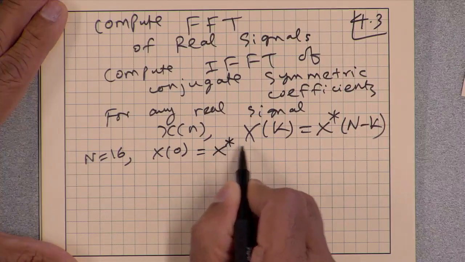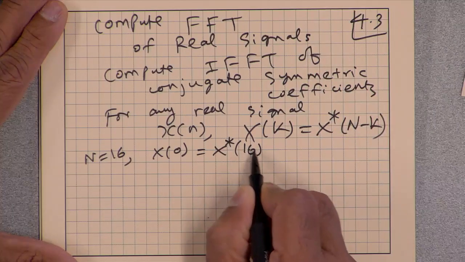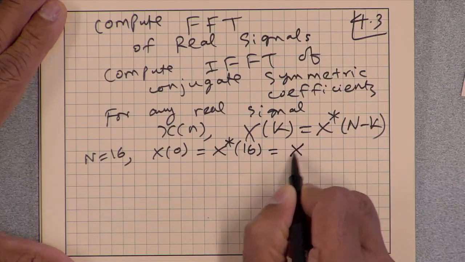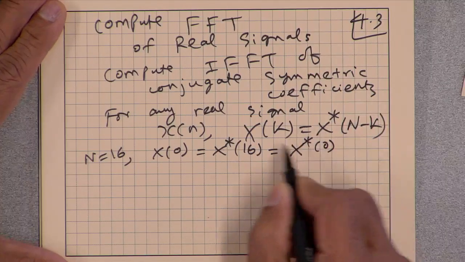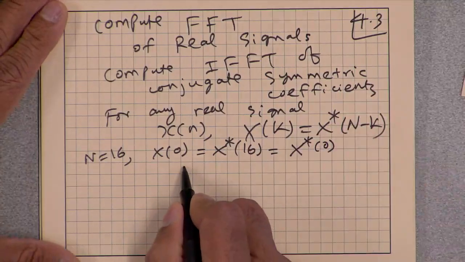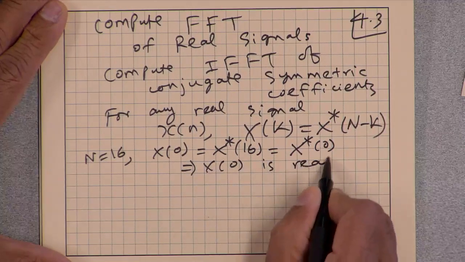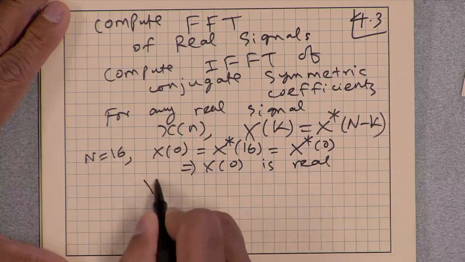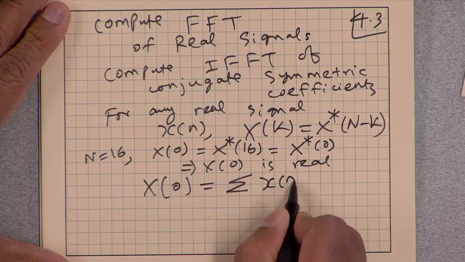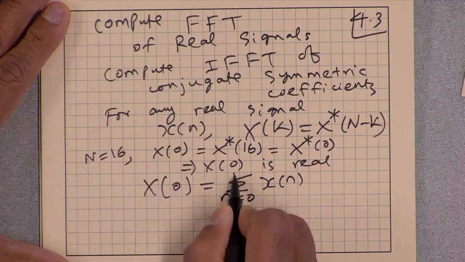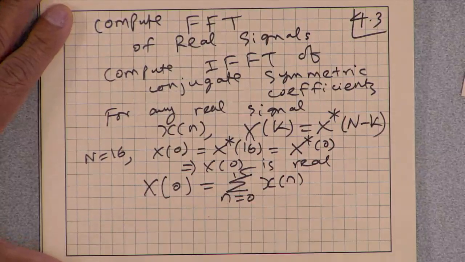X conjugate 16 minus 0, which is 16, and X16 is the same as X0, because it's periodic with period 16, which means that X0 is real. And you already know that X0 is simply the sum of all xn, n equal to 0 to 15. And if all the xn are real, then X0 is real.